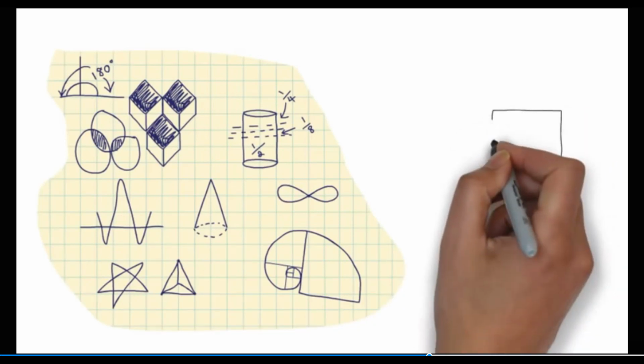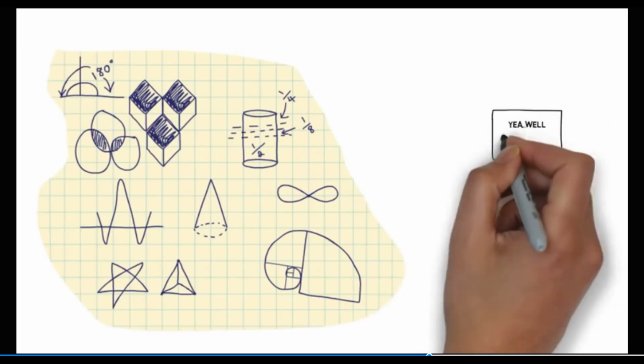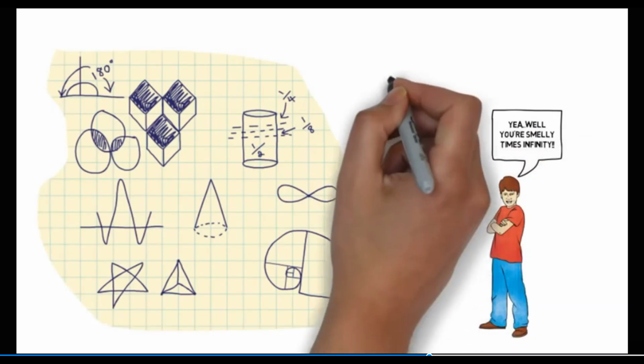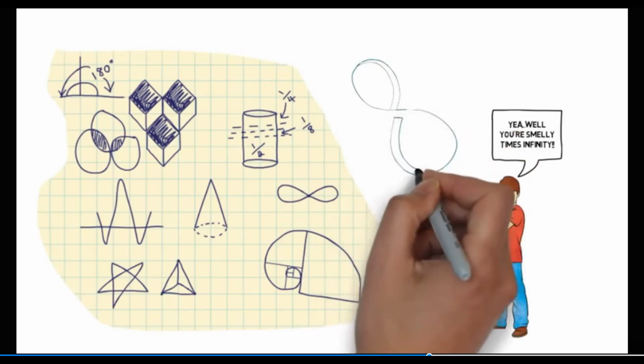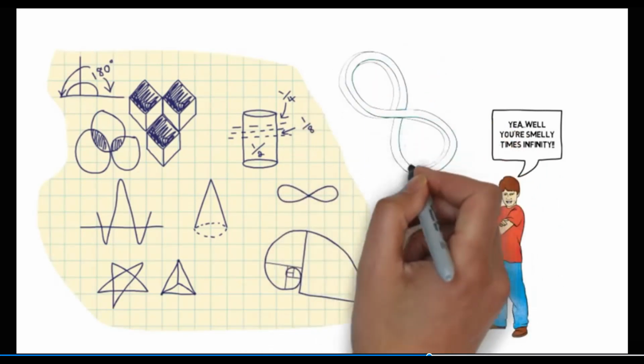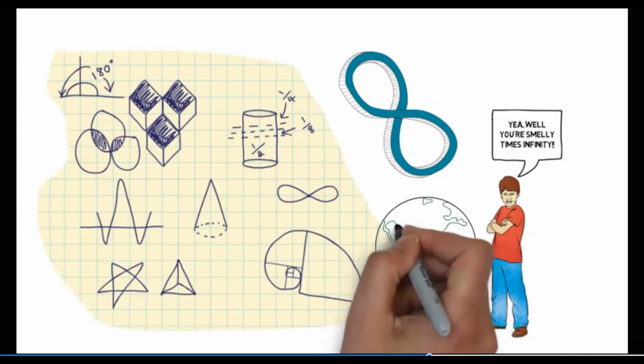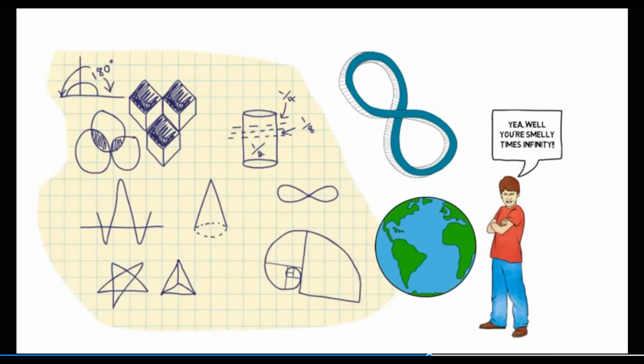For example, any child could easily think of a number so large that it's more than all the individual measurable objects in the universe. Now, that number exists and is perfectly sensible in the abstract realm of mathematics, but it still has no meaning or use in the real world.